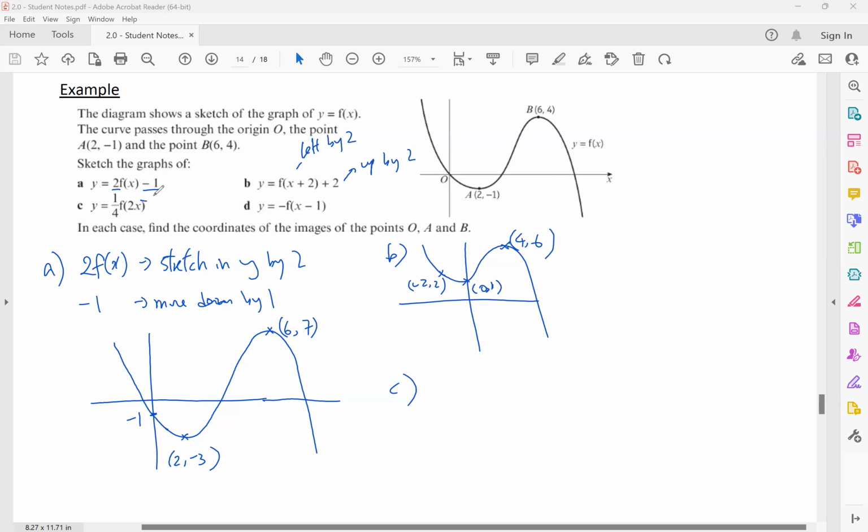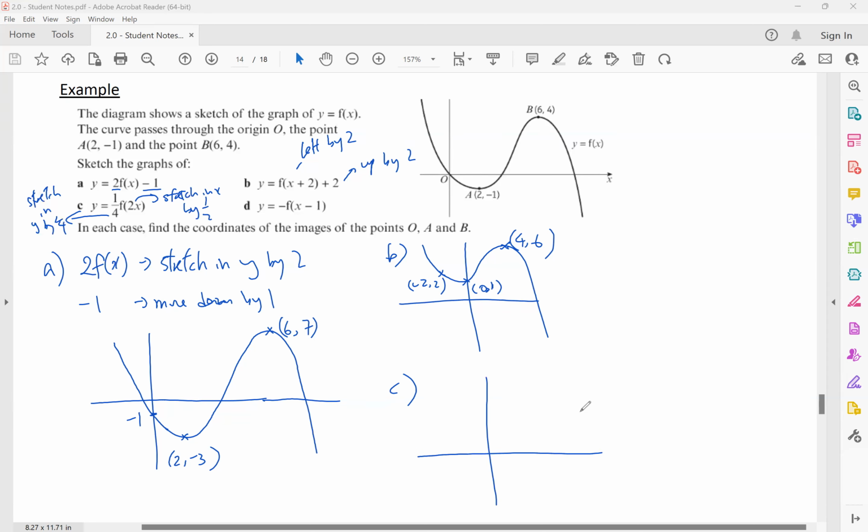Part C, a quarter of f(2x). So inside the bracket goes first. 2x means a stretch in x by a half, and then stretch in y by a quarter. Sorry, hang on. Let's start again. So that 2x means stretch in x by a half. Then stretch in y by a quarter. So all x coordinates that you see, you have to multiply by a half. Any y coordinates that you see, you have to multiply by a quarter. So if you do the quick maths in here, 2 multiplied by a half, that point A is (1, -a quarter).